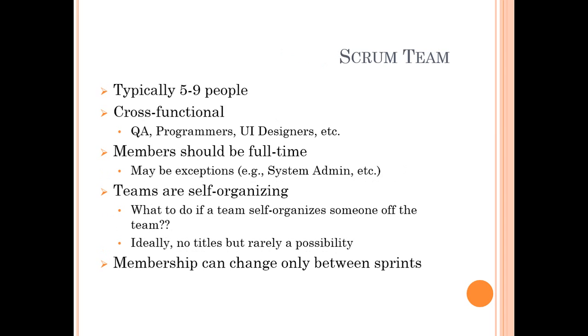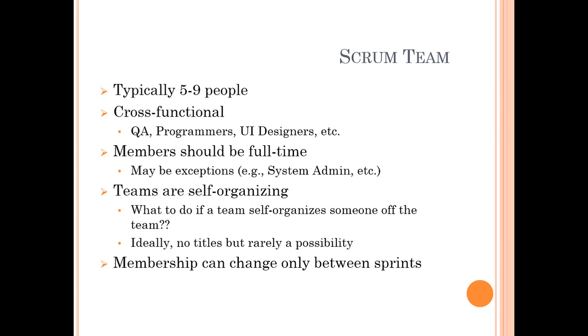Typically, Scrum team is 5 to 9 people. They are cross-functional, where Dev, QA, UI, UX, all folks are included. And most important, Scrum team members should be full-time. They should not be part-time, because it definitely impacts the capacity or the number of features delivered during the sprint.